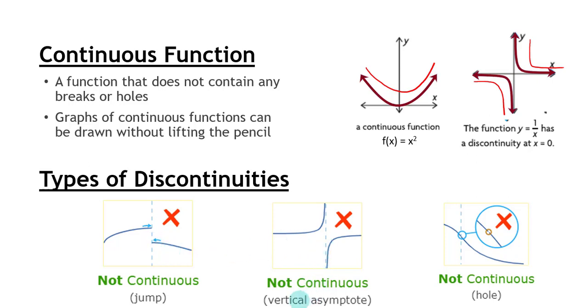In case of a vertical asymptote, it is basically a line that the function approaches as it tends to infinity. This is our vertical asymptote here. In case of a hole or a spot, the graph is basically not defined at this point, so we get a hole discontinuity here.